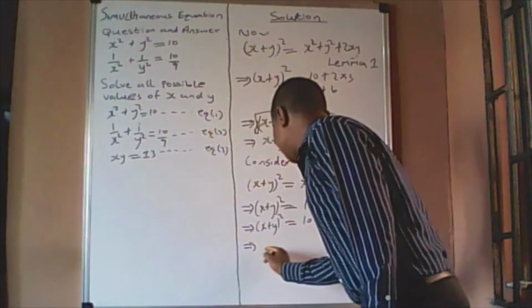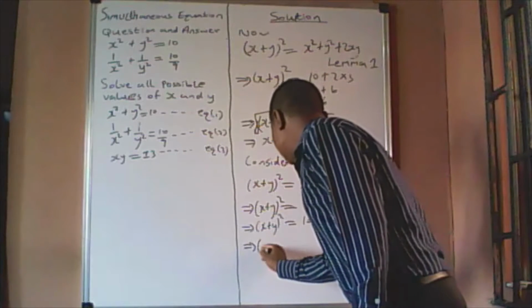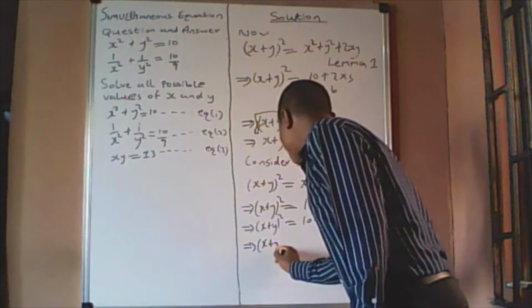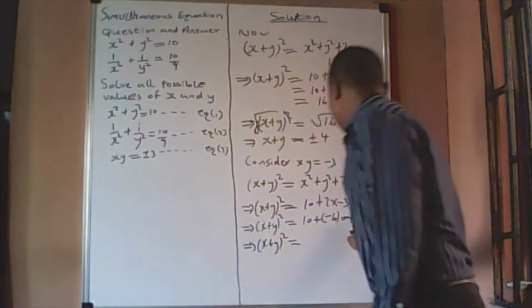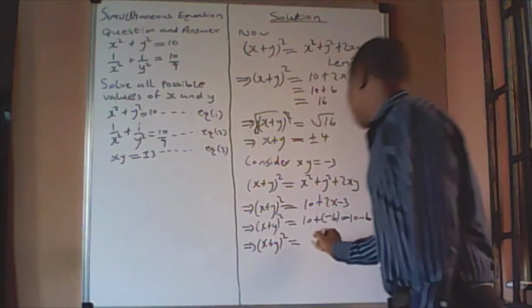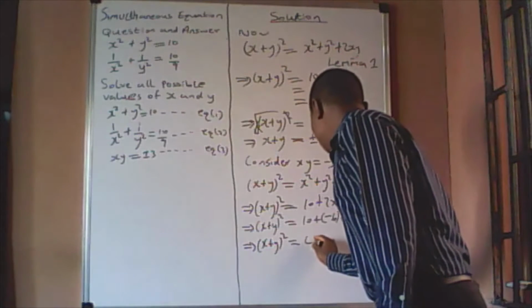It implies (x plus y) all in parentheses power 2 is equal to 10 minus 6, which is 4.